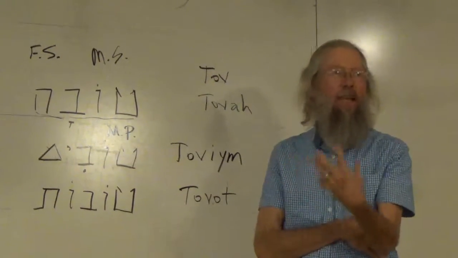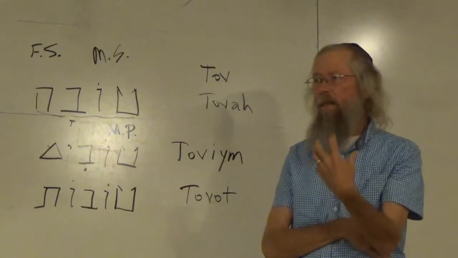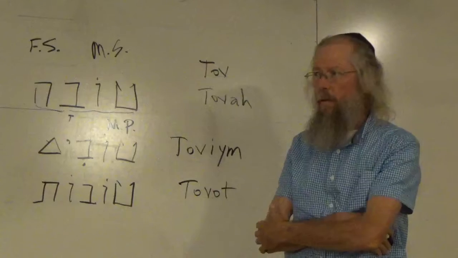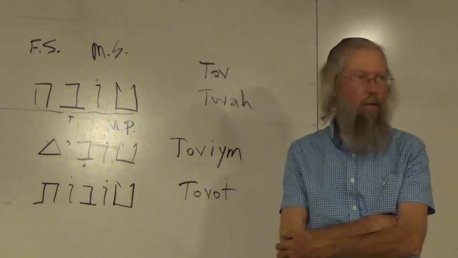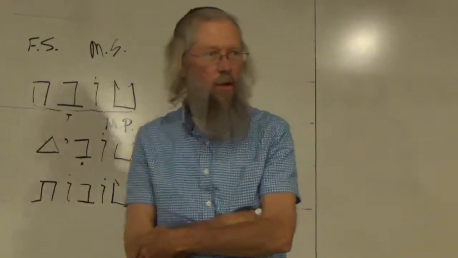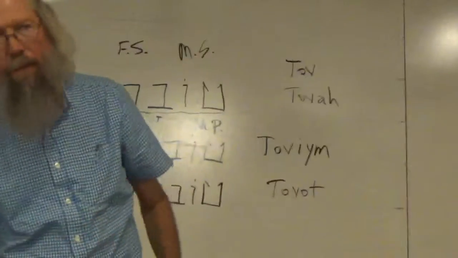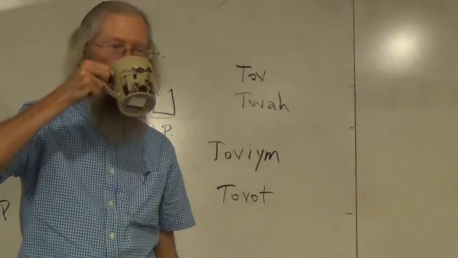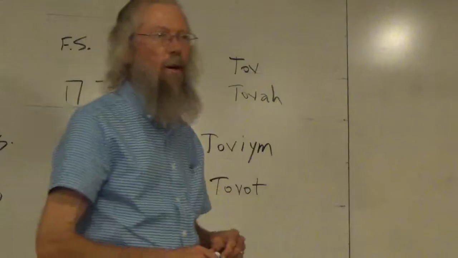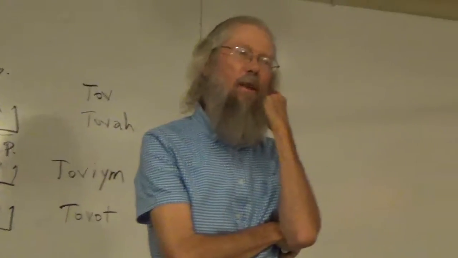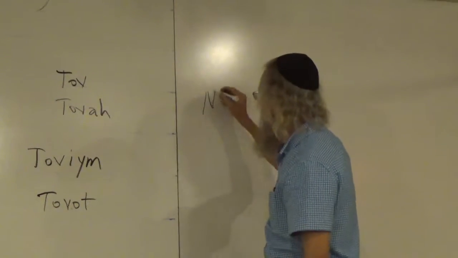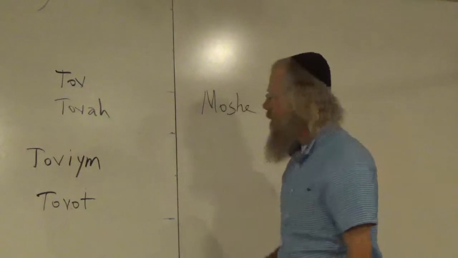So only if it's coming in as a name does it drop. Otherwise, it's always going to be female or masculine. So Moshe is the exception. His name ends with a hey, he's a male. But in the English transliteration, Moses, they don't end it with an H.